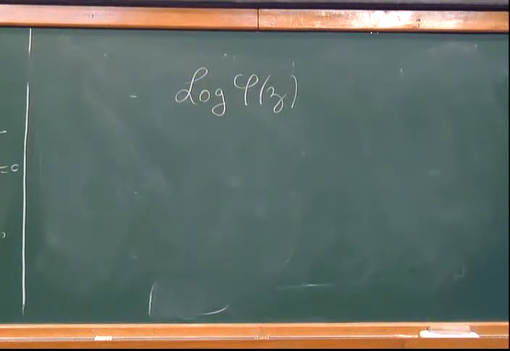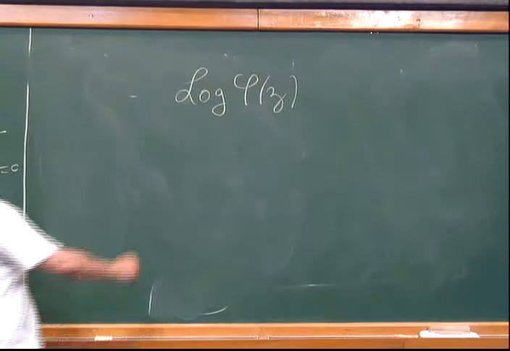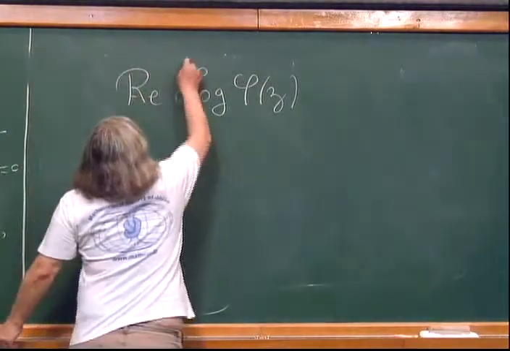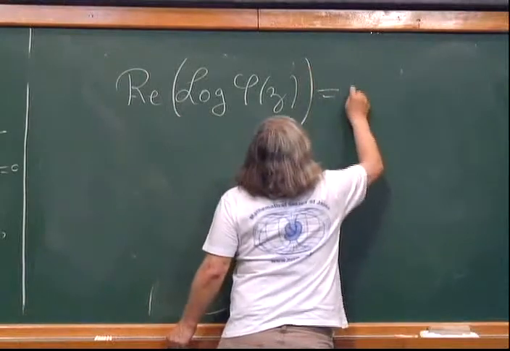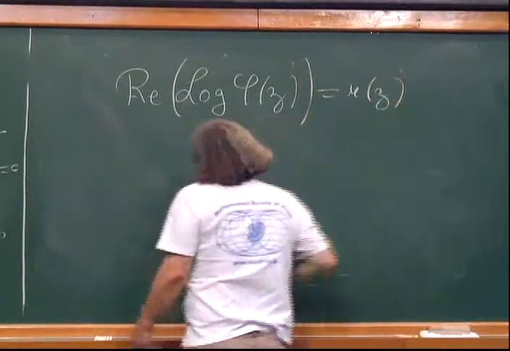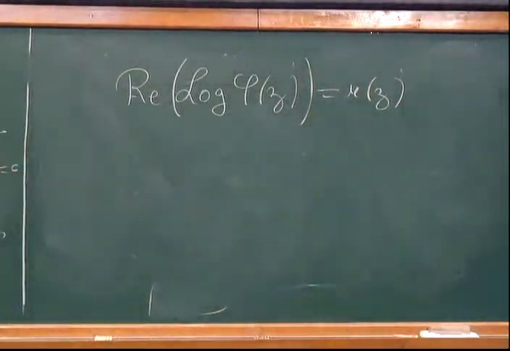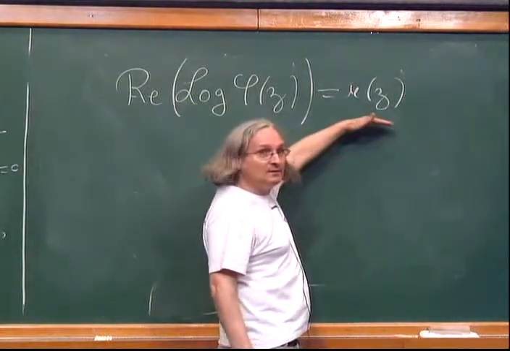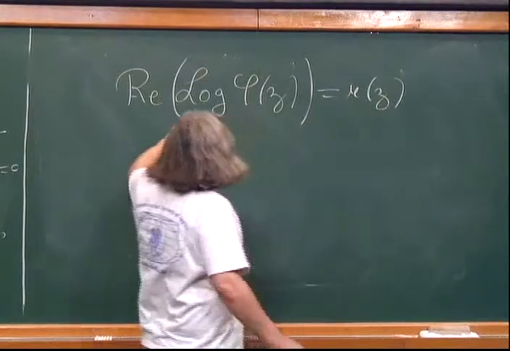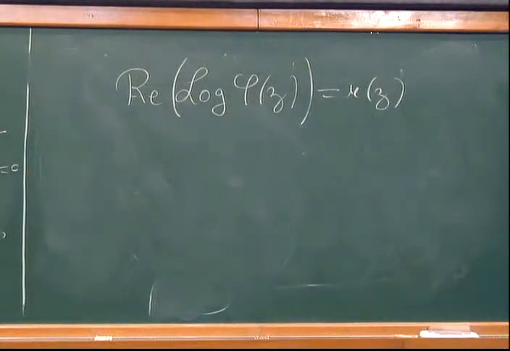It's defined up to multiples of 2iπ. So what is well defined is the real part of that. It's the real part of a holomorphic function, so it's a harmonic function. So the question is, how can we construct at least the real part of the function phi you are looking for? And what can we say about this harmonic function u?